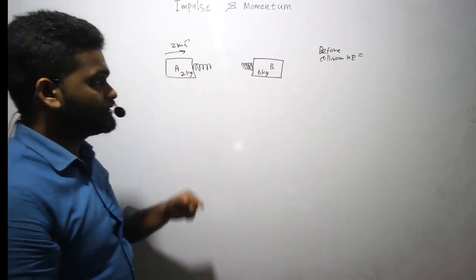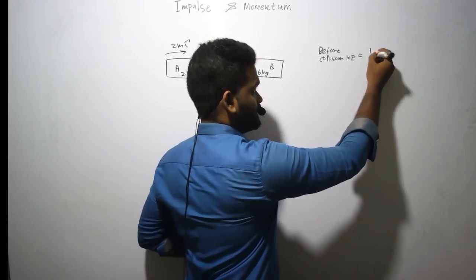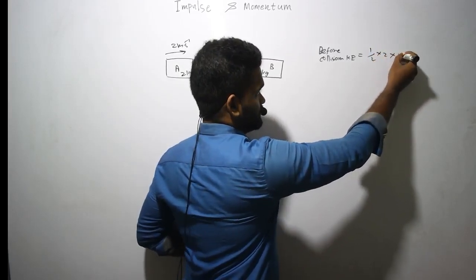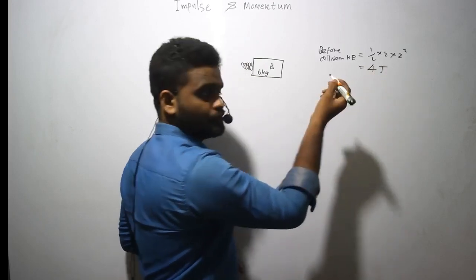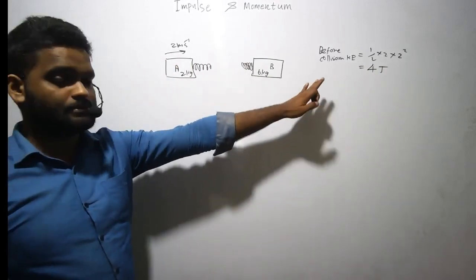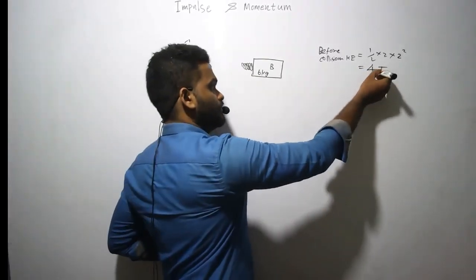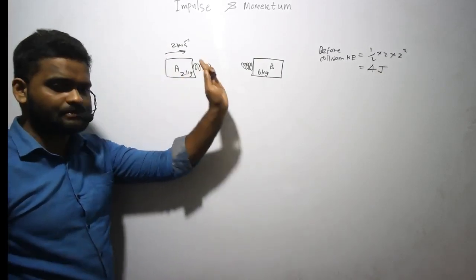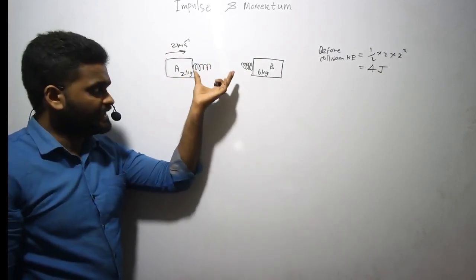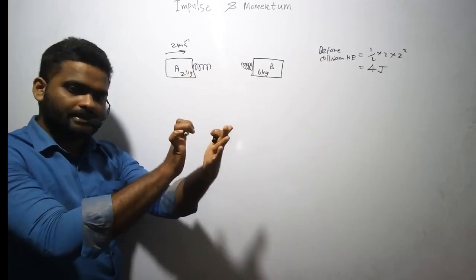So 2 kilogram at 2 meters per second. So that is half times 2 times 2 squared. So it is 4 joule. 4 joule is before collision, right? They are asking the maximum energy that can be stored in the springs.